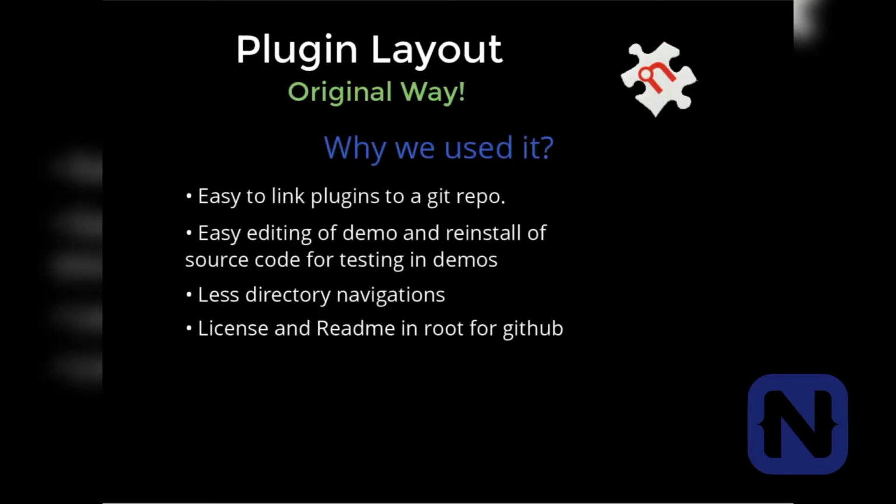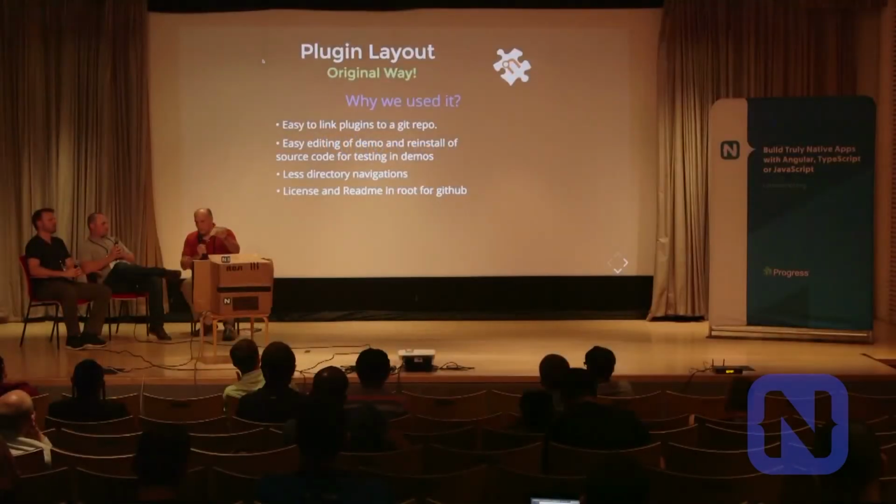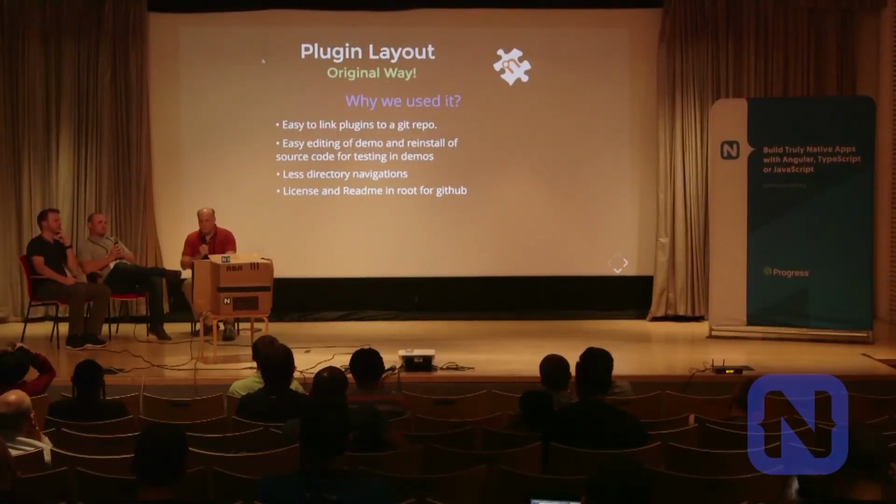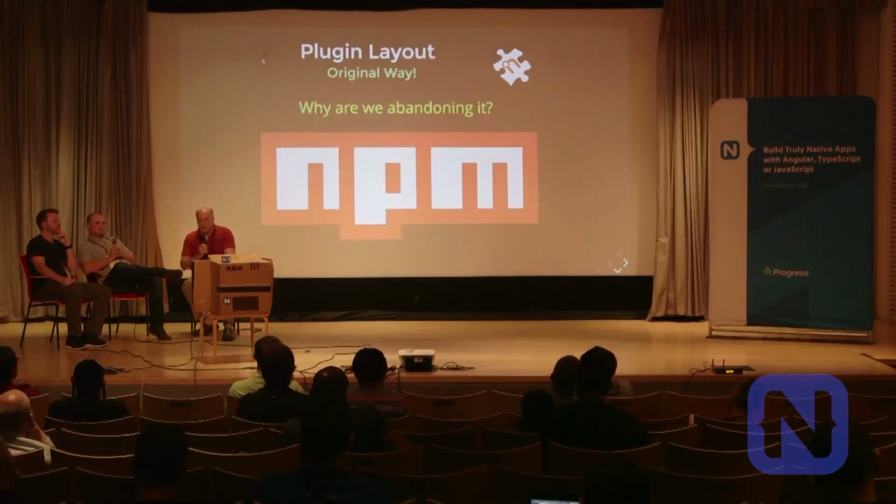Like Nathan was saying, we could easily just do tns plugin add and the name of the plugin, and it would just pull right in without a problem. From the demo, you could do tns plugin add dot dot, and the demo folder would add the root folder. And so it was very simple for your plugin layout for GitHub.